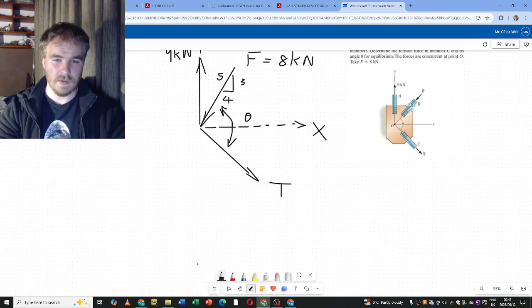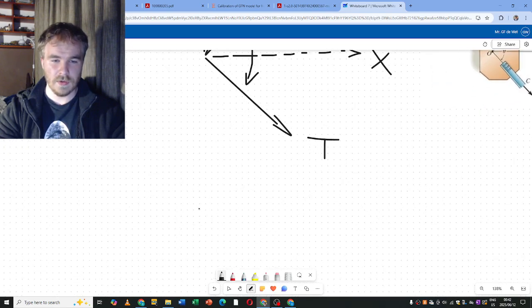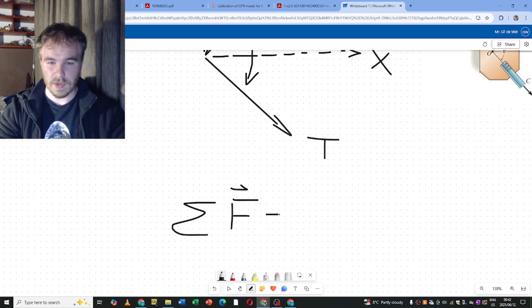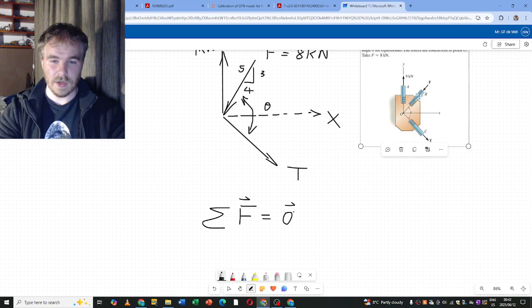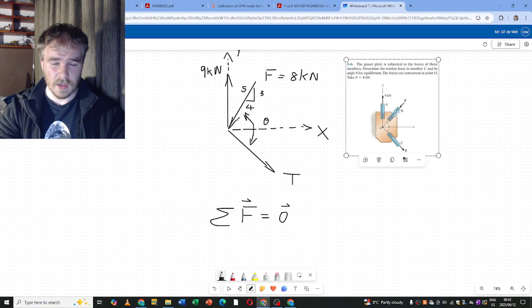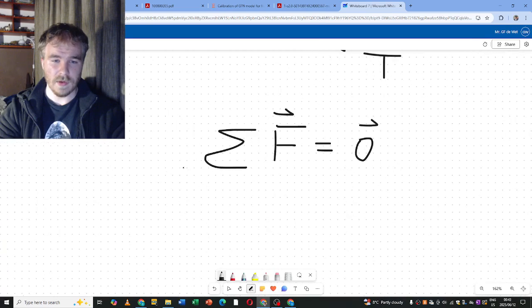So for equilibrium to be true, the following equations, because it's a vector equation, need to be true. The sum of forces in all directions needs to be a 0 vector.